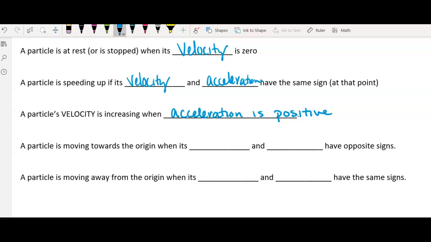A particle is moving towards the origin when its position and velocity have opposite signs. And a particle is moving away from the origin when its position and velocity have the same signs.